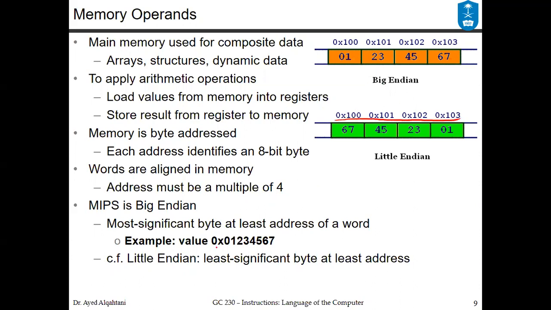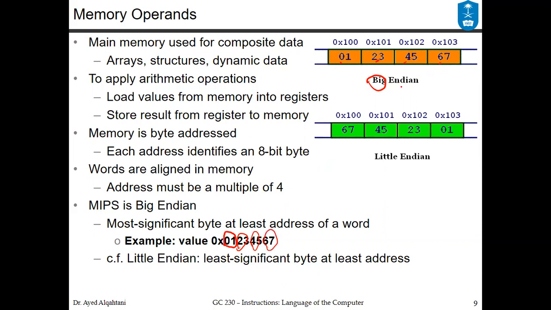Now, if you want to save this value and your system is big endian, since the word big means that you will start from the most significant byte. So you start from here and take the first byte and store it here. Then you take the second byte and store it here, the third byte and store it here, and the last byte and store it here.